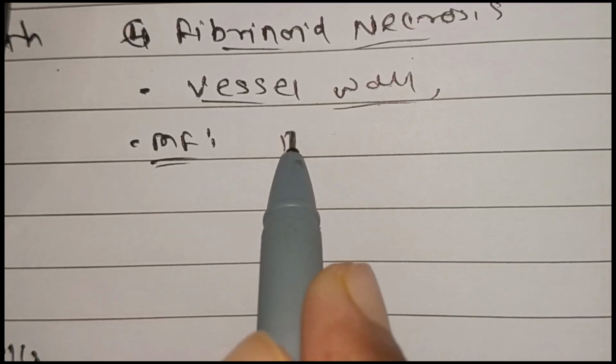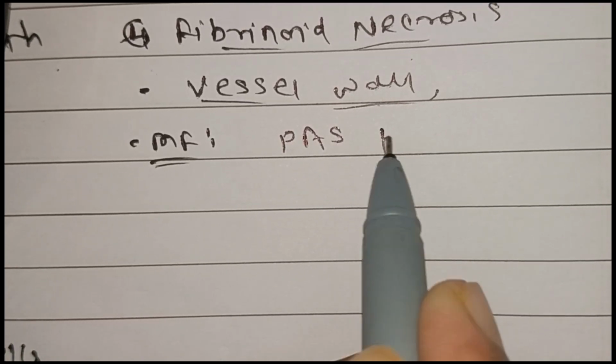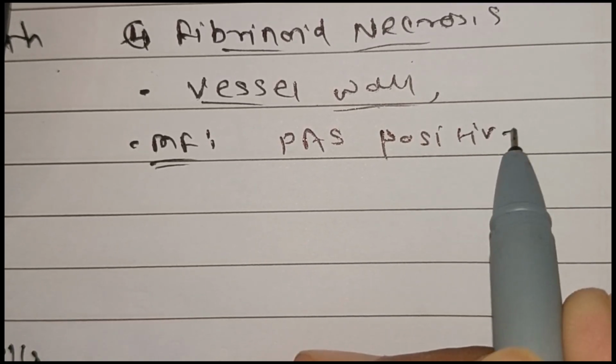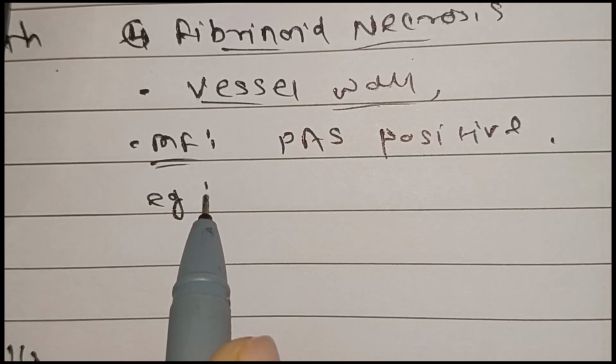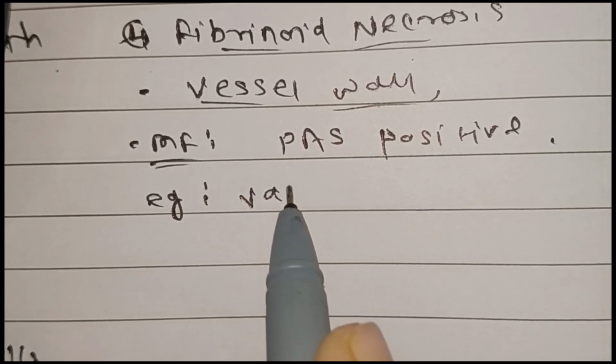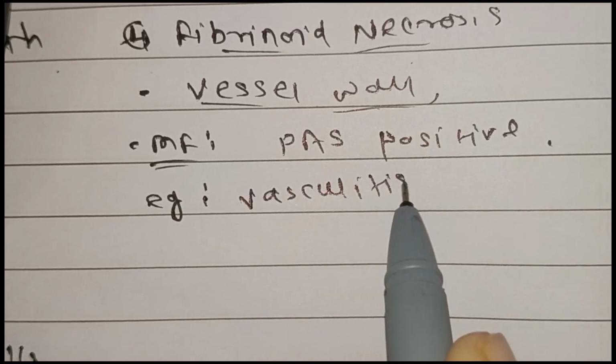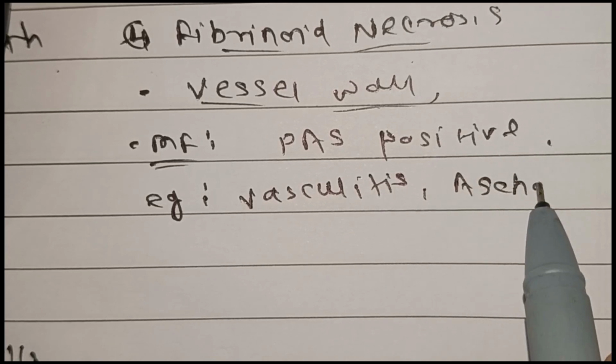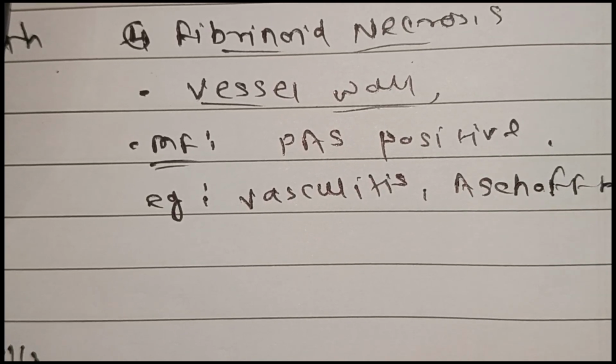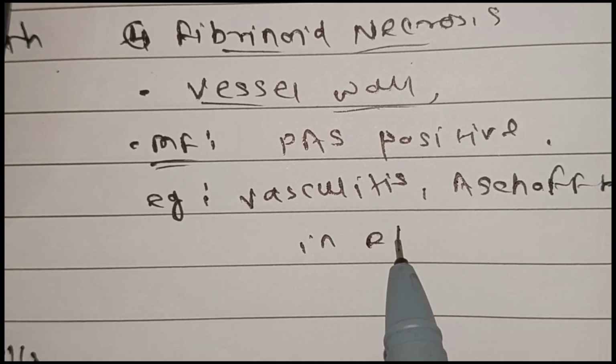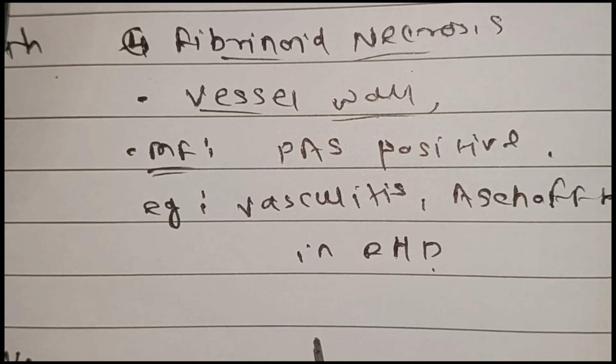In microscopic features, it is PAS positive. Examples of fibrinoid necrosis are vasculitis or Aschoff bodies in rheumatic heart disease.